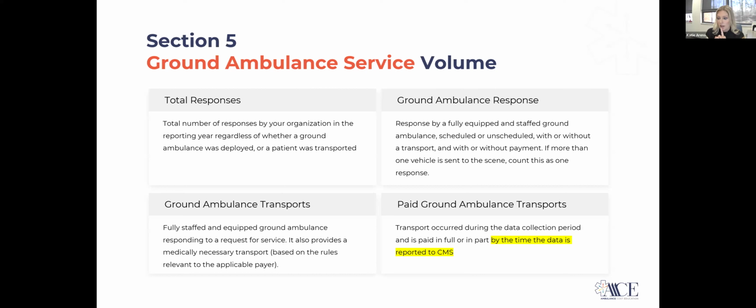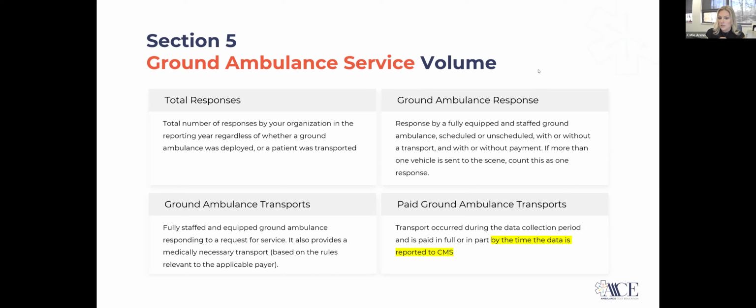Now, this doesn't matter if it's a ground ambulance, defined as an ambulance. This is for your organization. How many total requests for a response did you receive? Then we break it down into ground ambulance specific. So then they want to know, of those total responses, how many did you respond to with a ground ambulance? So it was a fully equipped and staffed ground ambulance.